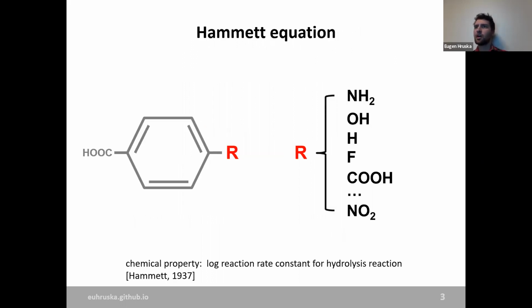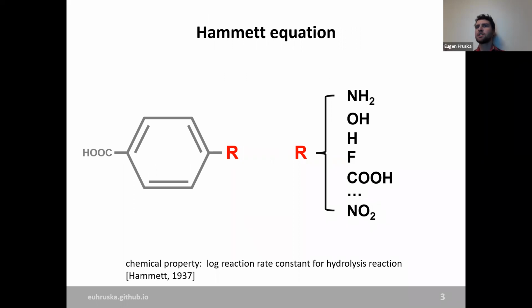In fact, there is already a long history of different explanations in chemistry. One of the more widely known is the Hammett equation, formed in 1937, so quite a while ago.